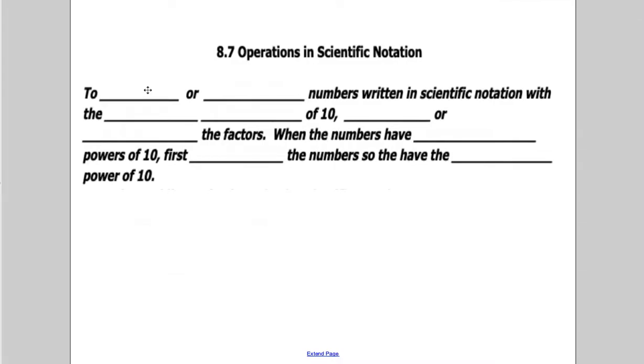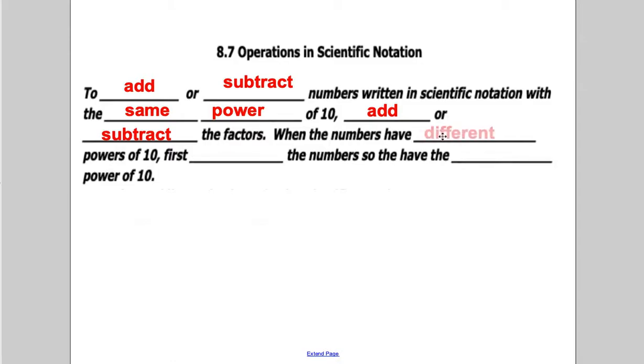Okay. So for your notes today, to add or subtract numbers written in scientific notation when they have the same power of 10, add or subtract those numbers, those factors only.